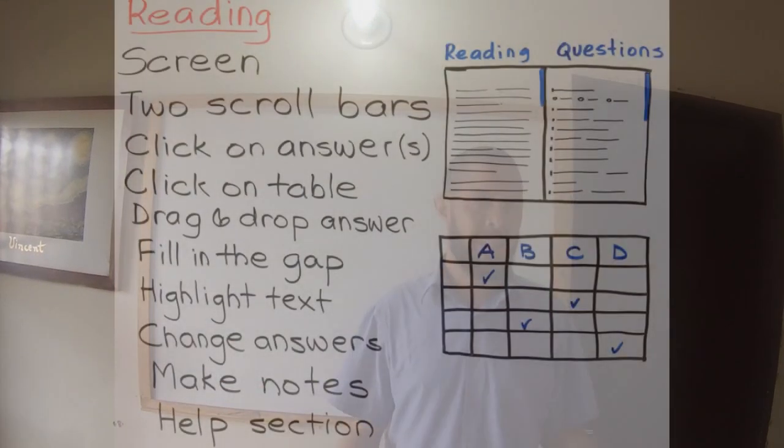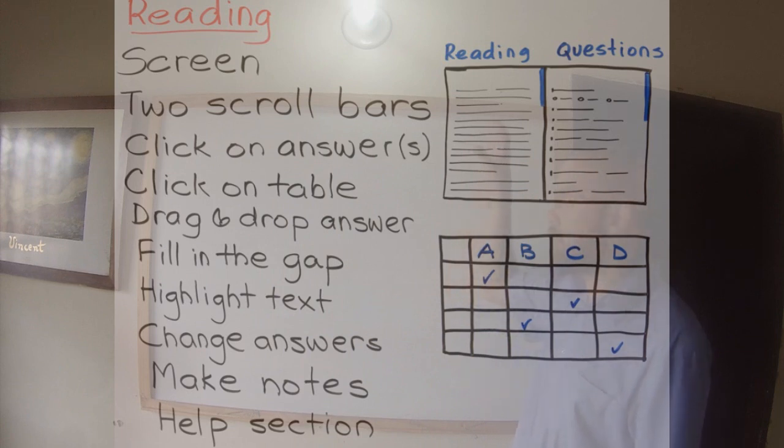It's basically on the screen, right? And you have two parts. You have the reading and you have the questions. Both of them are marked with two scroll bars, the blue ones, as you can see here. One for the reading and one for the questions, right? You have to click on the answer or answers, click on the table, drag and drop the answer here.